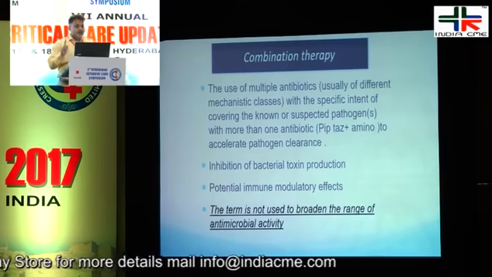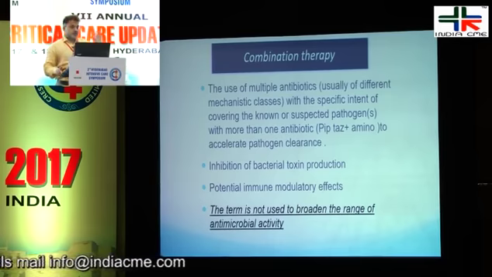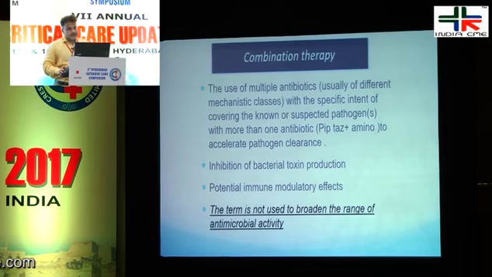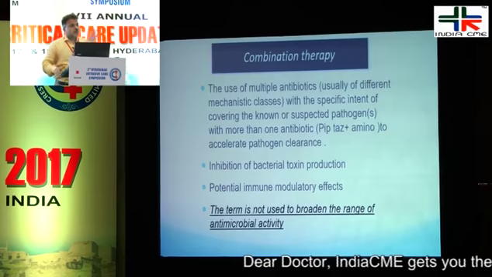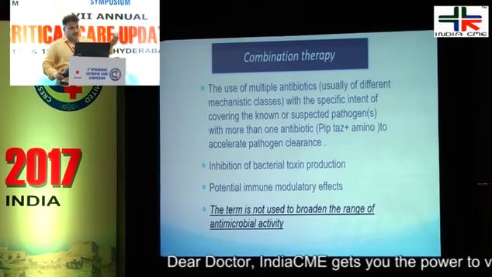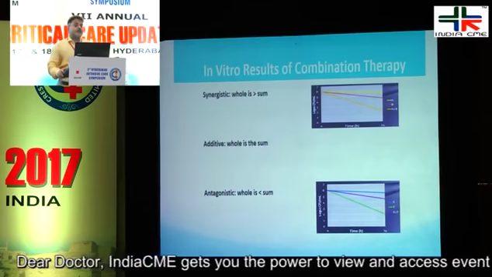The term is not used to broaden the range of antimicrobial activity. So you have to very clearly understand that when we say combination therapy, we are intending to kill one bug, which we probably know or do know, with two or more drugs to accelerate the clearance.